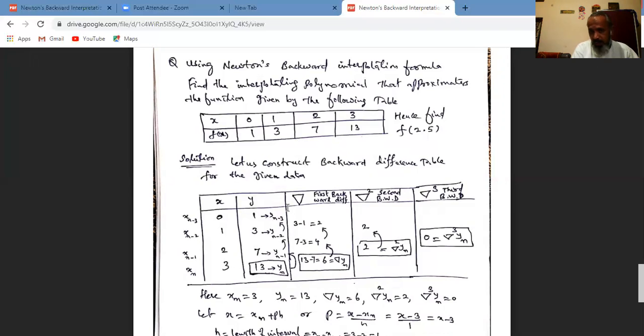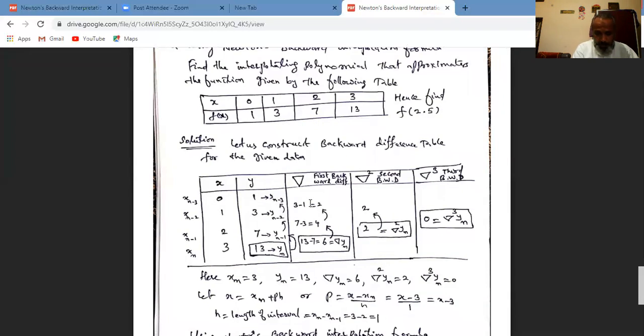Now, how to find the differences? First backward difference. The forward differences and backward differences are the same, but here we have to subtract the terms from the bottom. y_n minus y_n minus 1, 13 minus 7, that is 6. So this is called the first backward difference of y_n, corresponding to x_n, that is 3.